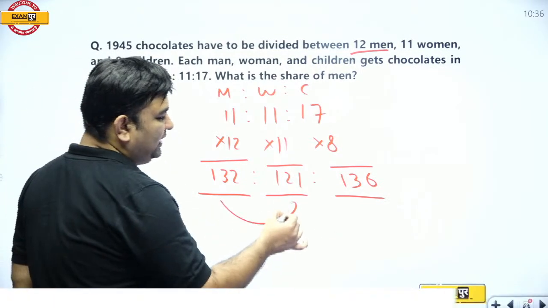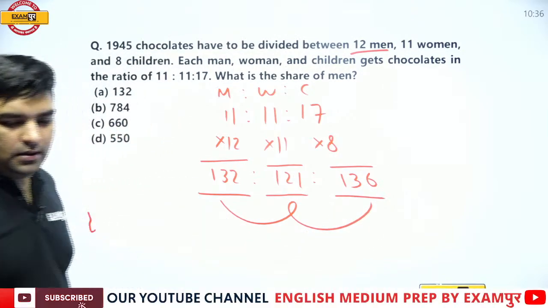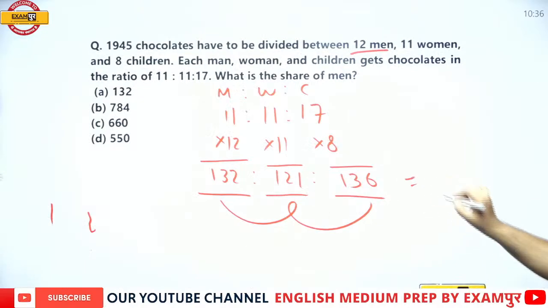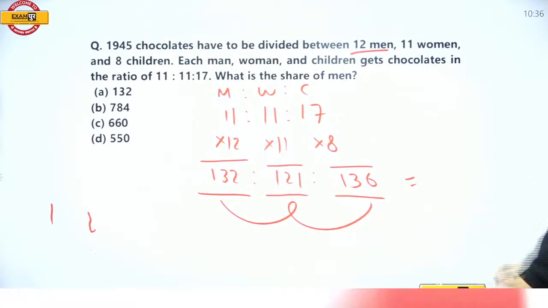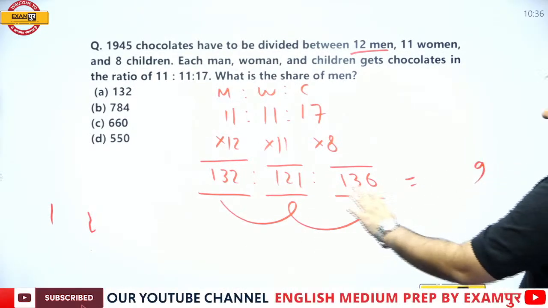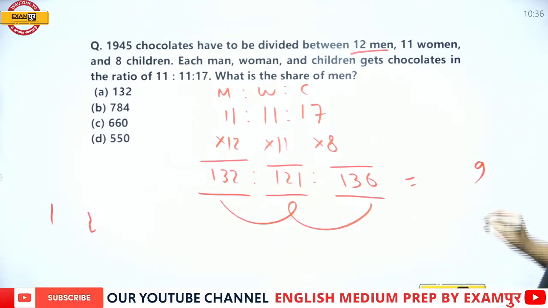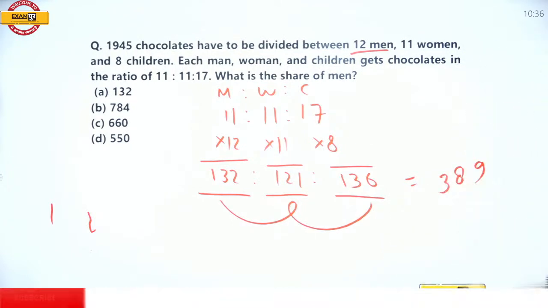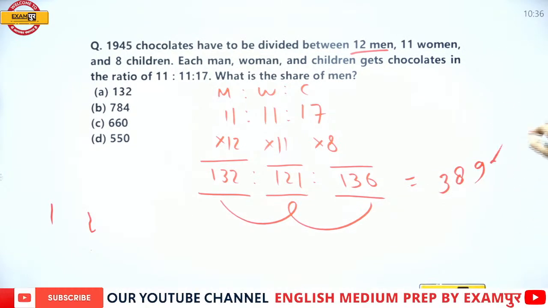How many total chocolates are we getting? 3 plus 2, 5, 5 plus 3, 8. 389 chocolates. 389 is given as 945.